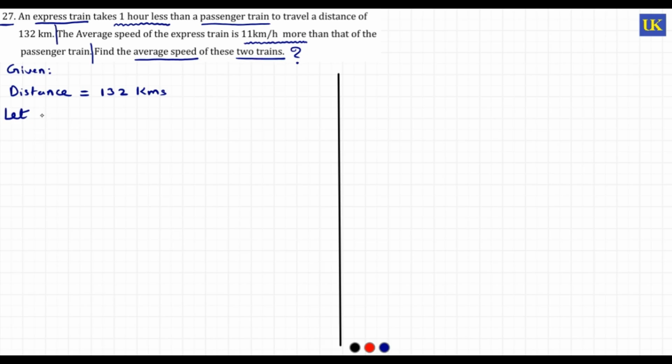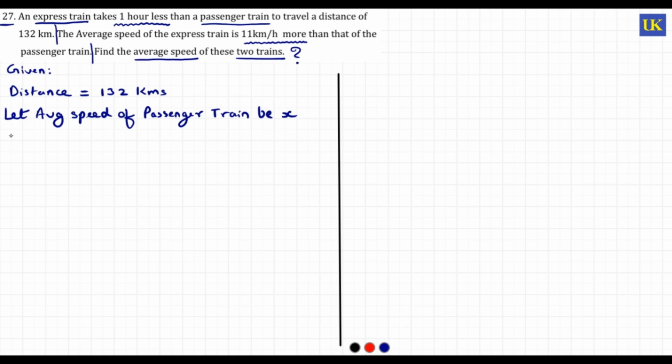So let the average speed of the passenger train be x. The passenger train's average speed we have taken as x.